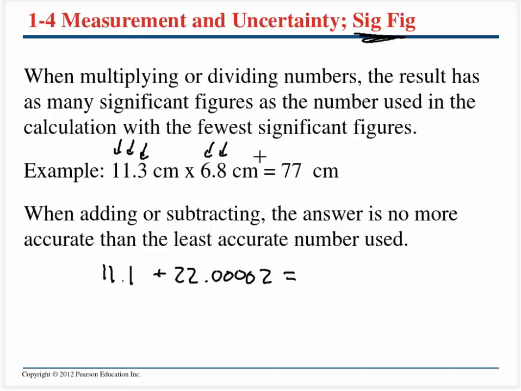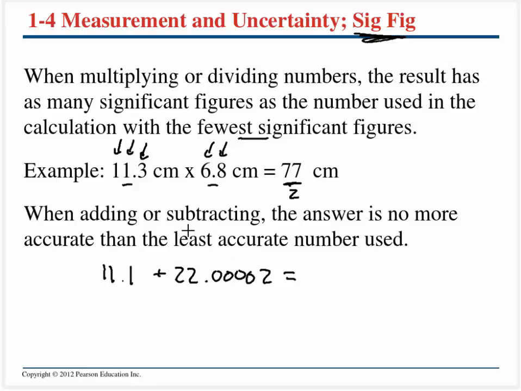Essentially, if you do some multiplication, you can never have more sig figs than the least amount. So if you take 11.3 multiplied by 6.8, you're left with 77 point something. You would say, okay, I can only carry 2 sig figs right here. But really, I'm not going to knock you if you keep a couple more.